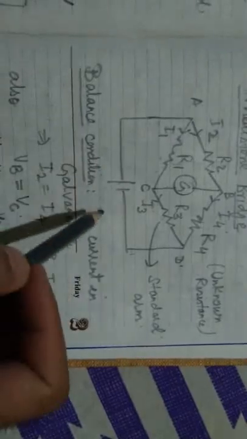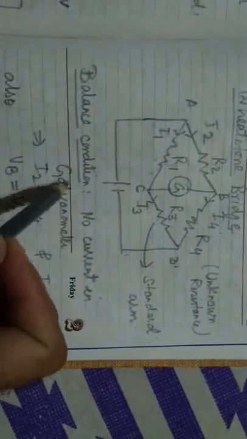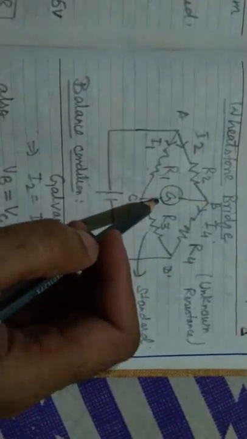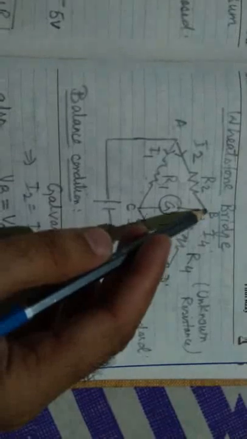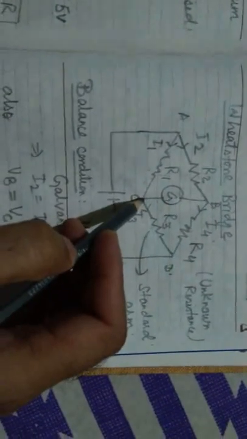Now there is a balance condition of Wheatstone bridge. Balance means when no current is flowing in the galvanometer. So in this galvanometer no current flows although the battery is connected, then we say that the Wheatstone bridge is balanced.